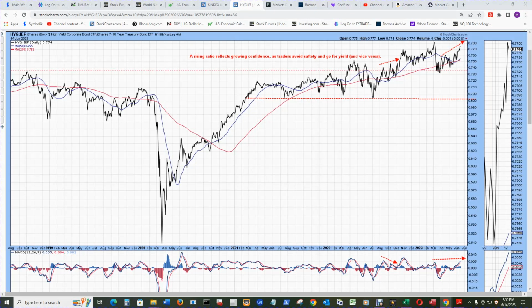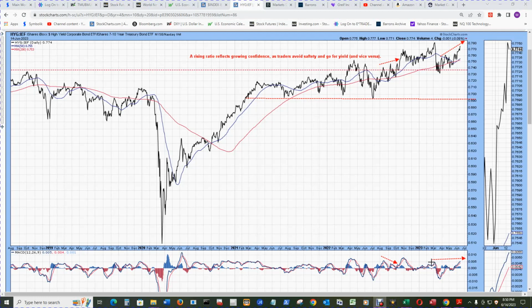All the divergences that we were monitoring have been rectified, starting with the HYG to IEF, that's the iShares High Yield Corporate Bond to the iShares 7 to 10 year Treasury Bond ETF.